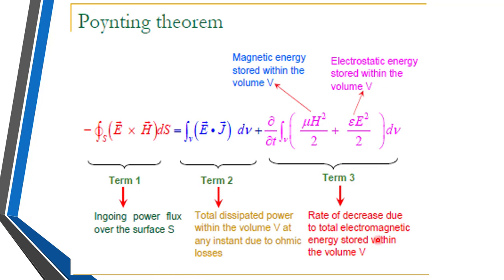What are the various terms that are present in this equation? So the first term itself indicates power, because E bar cross H bar is nothing but power, and it is called instantaneous power.